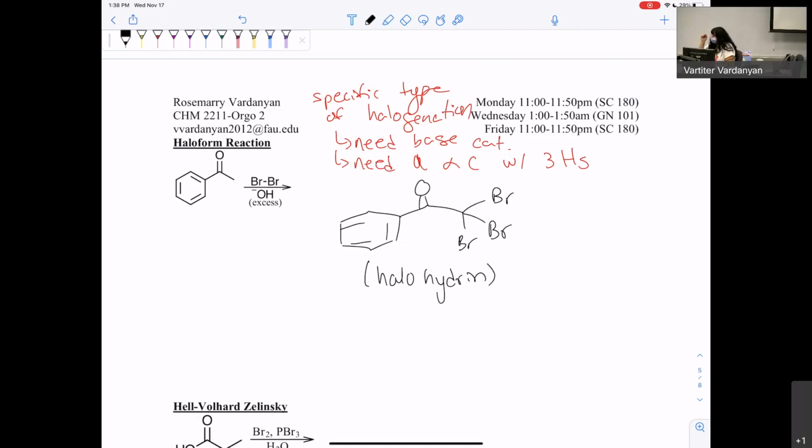And then I put the little asterisk and said, until we get to chapter 18. Now we're at chapter 18, and this is where we break that rule. This group that I'm going to highlight is so electron withdrawing that it allows us to break the rule of no breaking carbon-carbon bonds. So this actually acts as a leaving group because it's so electron withdrawing.